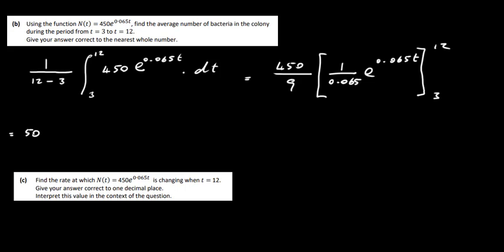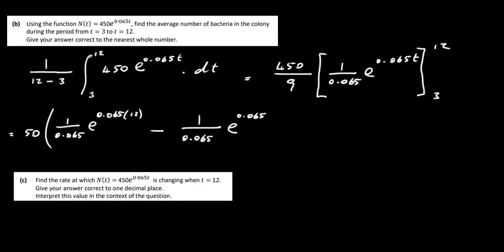And then inside a bracket, I'm going to have 1 over 0.065 e to the power of 0.065, and I'm going to put the 12 in here, and then subtract the same again with the 3 substituted: 1 over 0.065 e to the power of 0.065, this time substituted 3 in. So that's what I've got to do. Now when you do that, you have the 50 on the outside, multiplied by all of this on the inside. Now that's all really just calculator work.